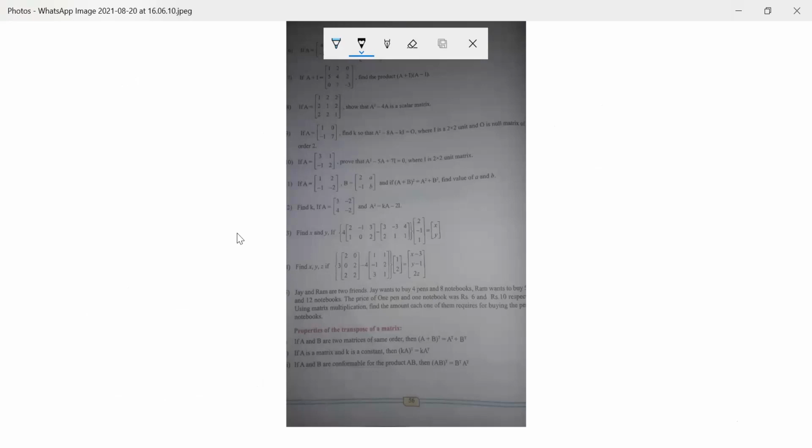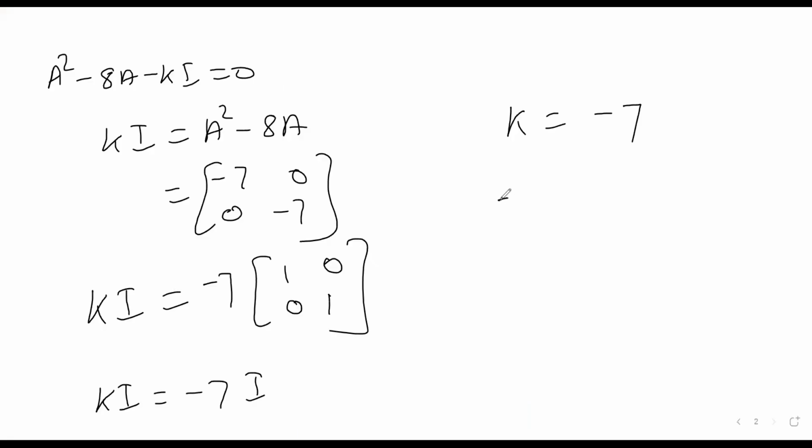Similarly, you can do the 10th one. See, they have given you A as 3 1 minus 1 2. You have to prove that A square minus 5A plus 7I is 0. A square means the square of this, 5A means 5 multiplied by this, and 7I means 7 into I. I is the identity matrix, the unit matrix of order 2 by 2.